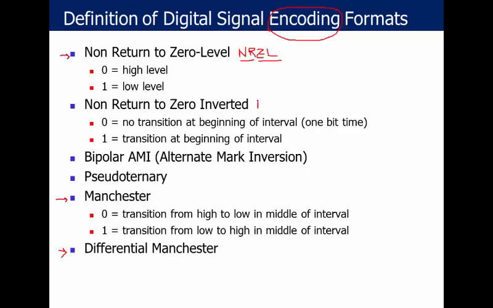Very similar to that, but a little more advanced, is non-return to zero interval, NRZI, and bipolar AMI, alternate mark inversion, pseudo-ternary, and Manchester, the two versions of Manchester code.